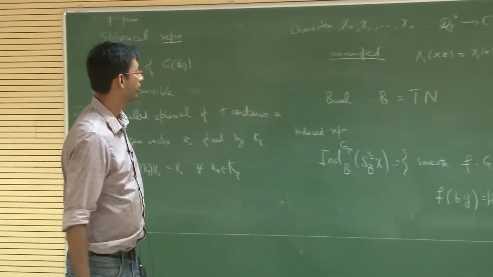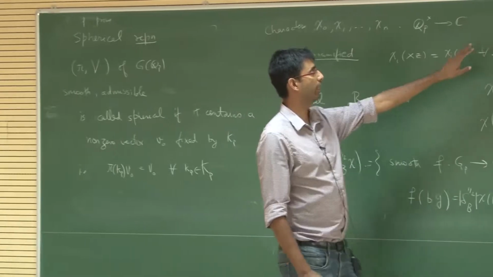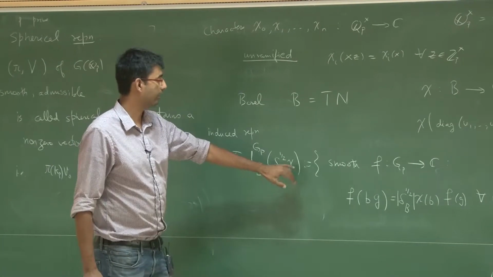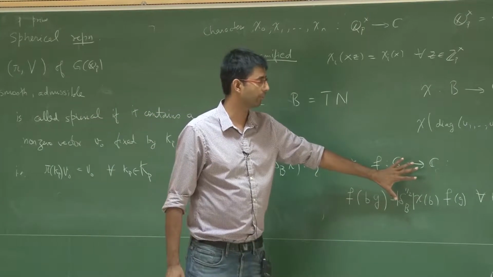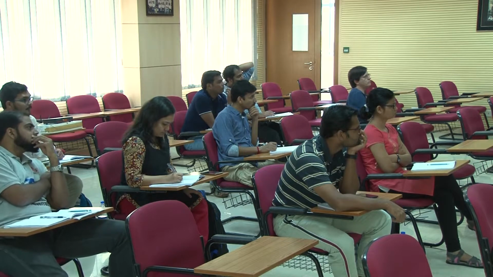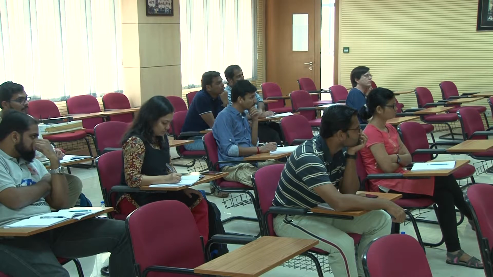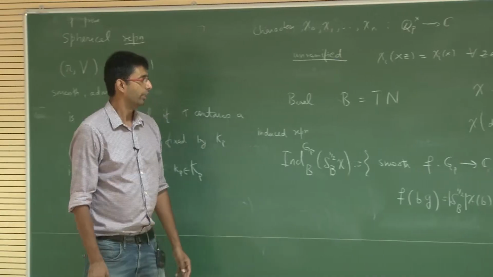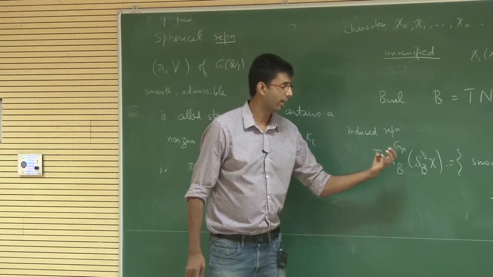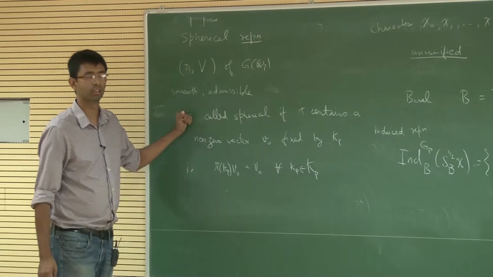So once again, we had unramified characters which were completely determined by a complex number, and out of that character we constructed this big infinite dimensional vector space. And now the question is, is it irreducible or not? There are some criteria you can figure out on the chi_i's to tell you irreducibility, but no matter what, it is known that every such big representation has a unique constituent which is spherical.